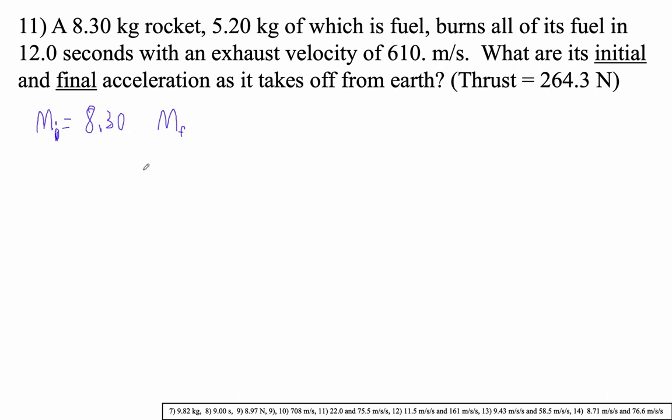A well-designed rocket is mostly fuel by mass. So 8.3 minus 5.2. Here's what's left when the last molecules of fuel are being burned: the thing has a mass of 3.1 kilograms.